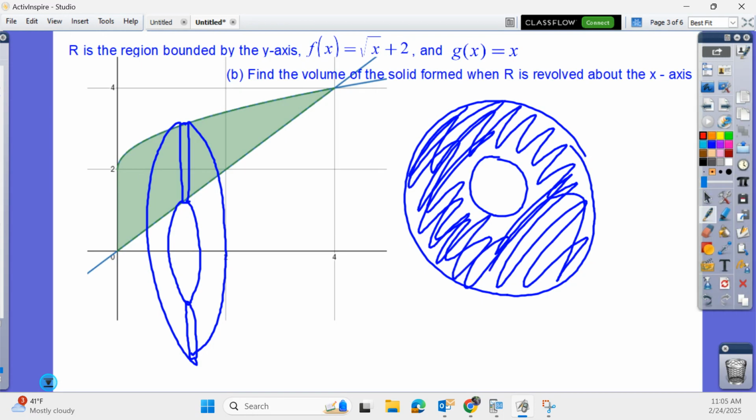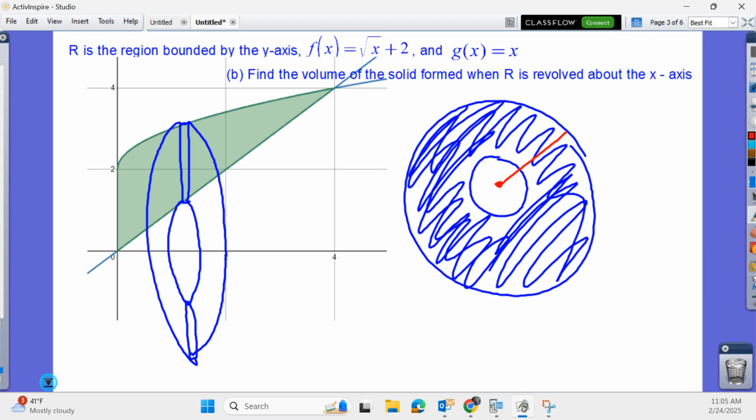To get the area between two concentric circles, all we need is the area of the big circle minus the area of the little circle. If the big circle has radius big R, its area is just pi times big R squared. And then let's say the inside circle has a radius little r.